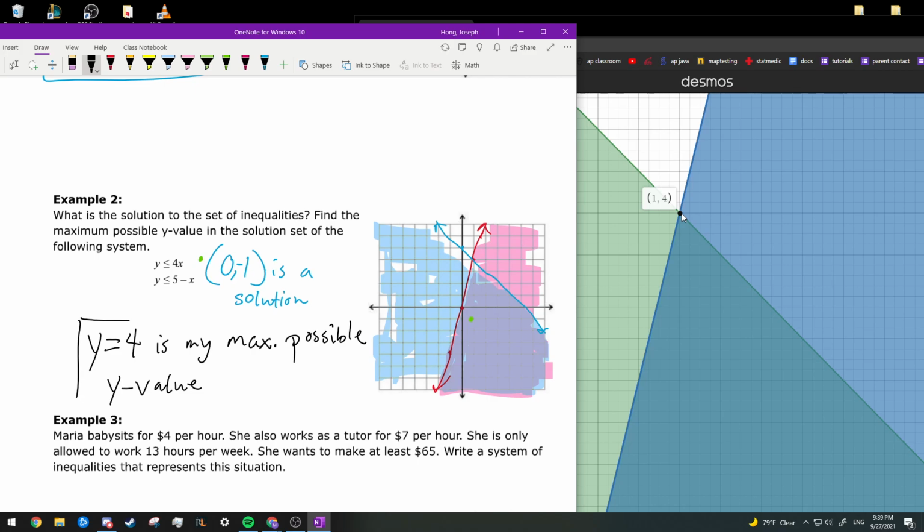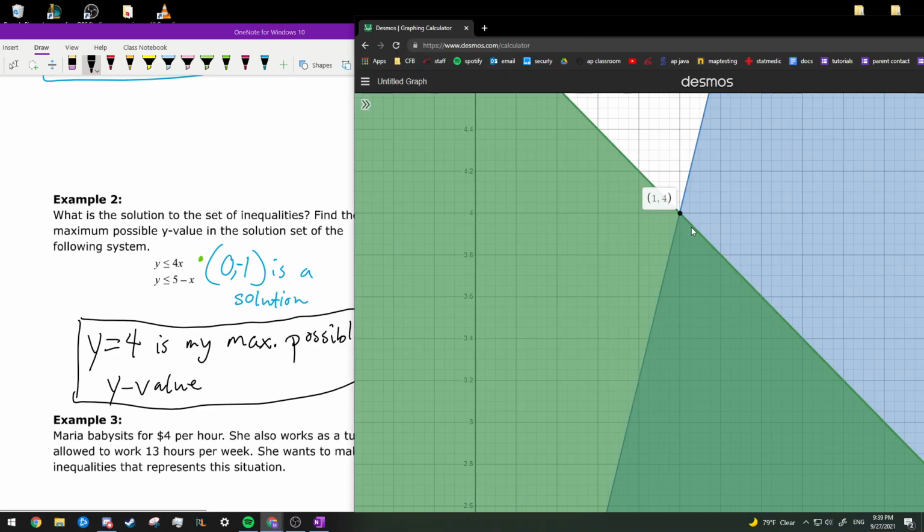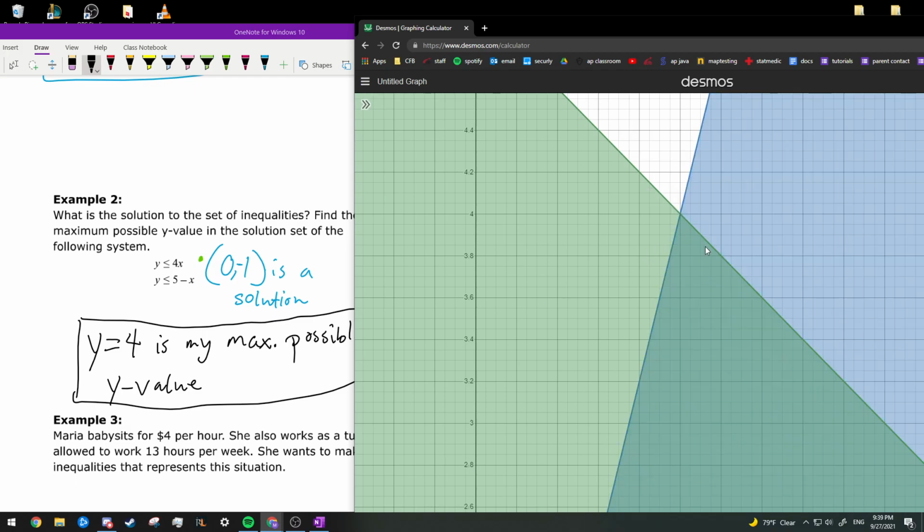I used Desmos to find this because this triangle is the top part. This is my intersection. There's nothing higher for y value on this triangle where it's both shaded, a dark blue-green instead of just green or just blue.